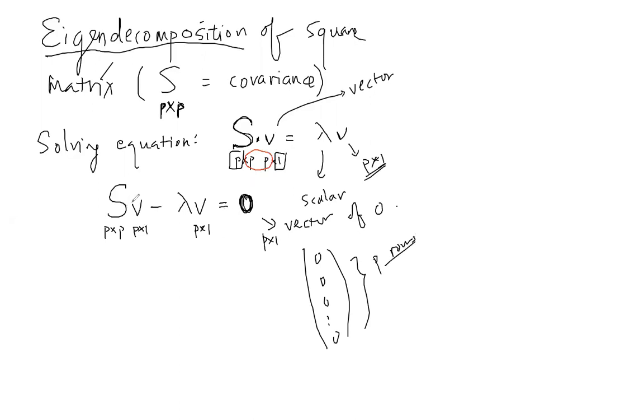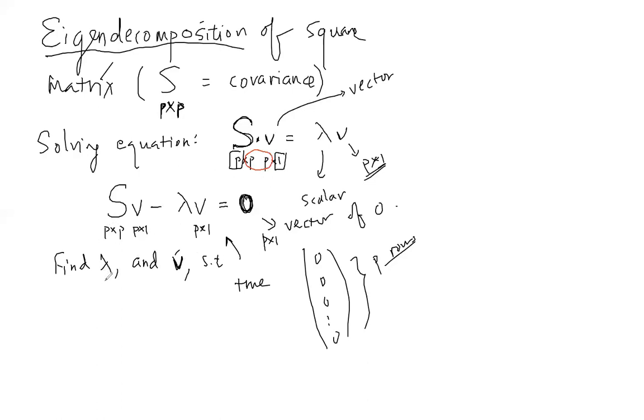Now, to solve for this means to find lambda and V such that this is true. So the eigen decomposition involves finding two quantities, lambda and also the vector V, such that this equation is satisfied.